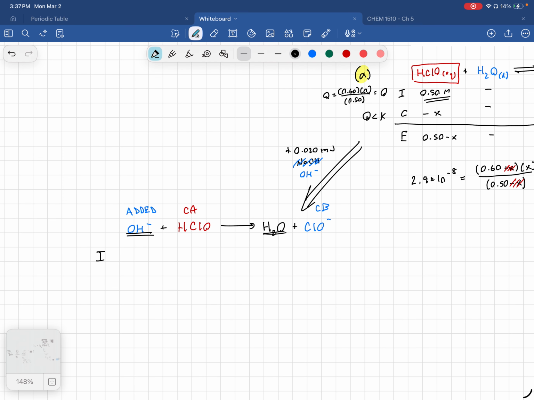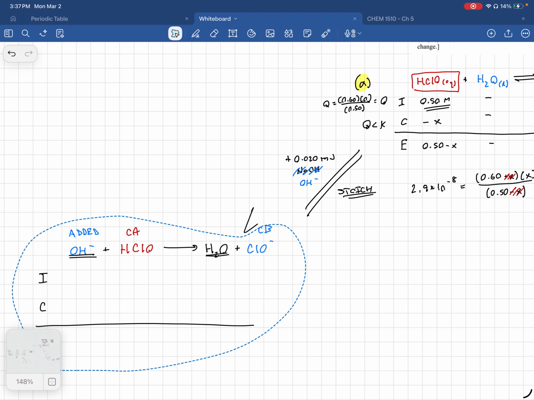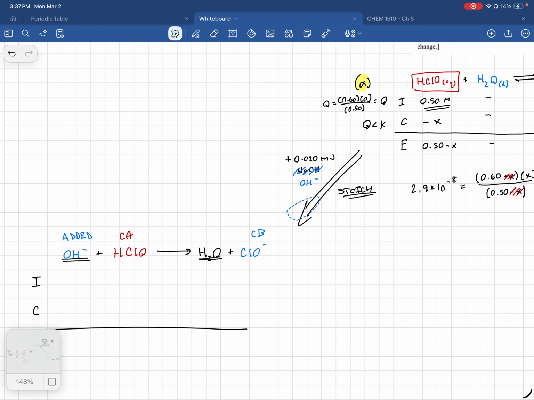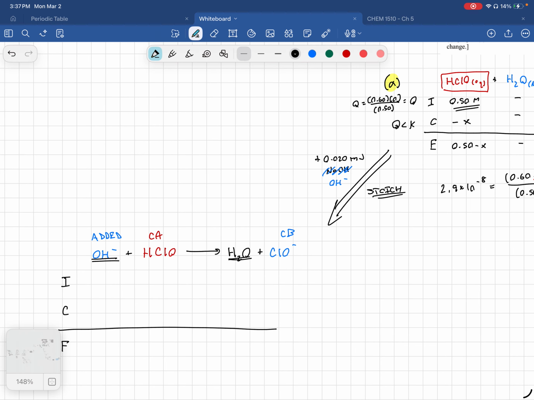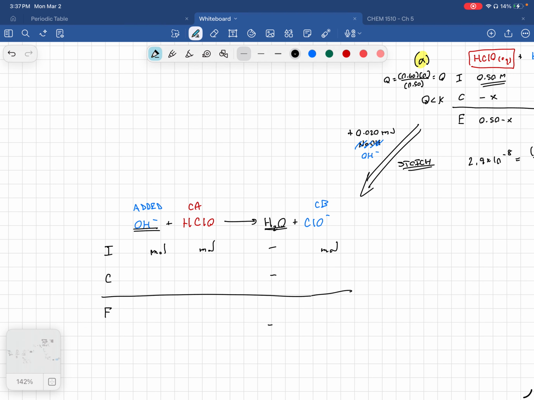So for this, we're going to do an ICF stoichiometry problem. So to do that, let me adjust some things here. Move this over, move this back over here. We need to know our moles of each of these things in the reaction, okay?